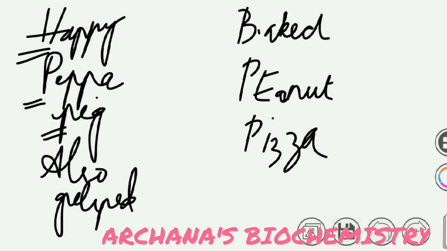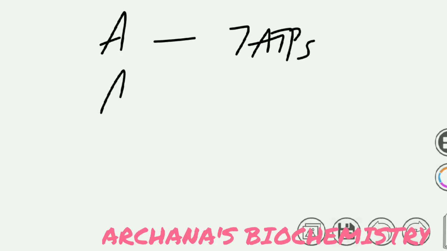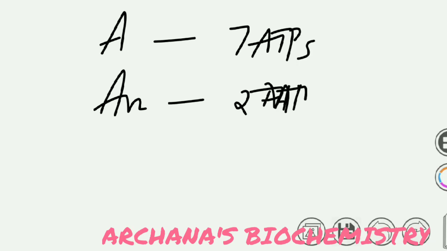So hexokinase, phosphofructoisomerase, phosphofructokinase, aldolase, glyceraldehyde 3-phosphate dehydrogenase, 1,3-bisphosphoglycerate kinase, phosphoglyceromutase, enolase and pyruvate kinase. So the energetics in aerobic condition 7 ATPs, anaerobic condition 2 ATPs.